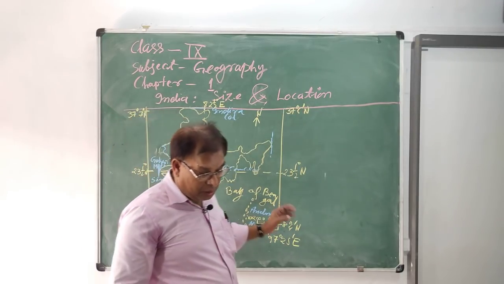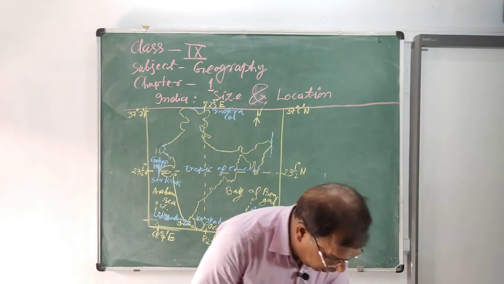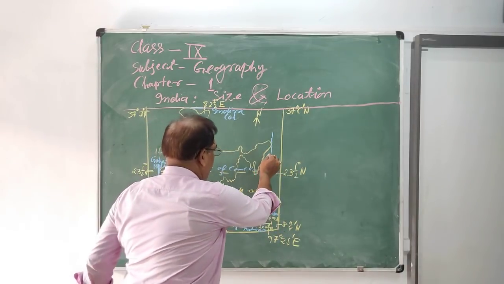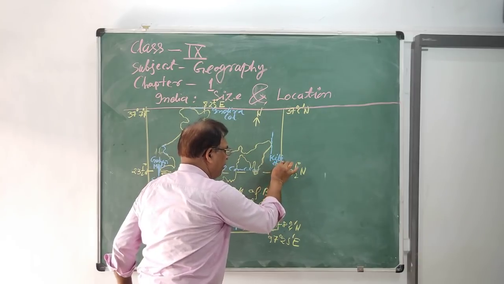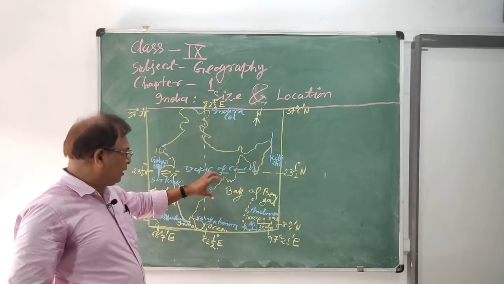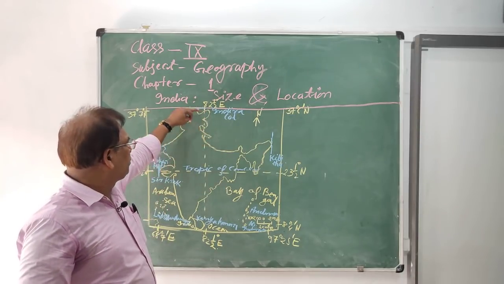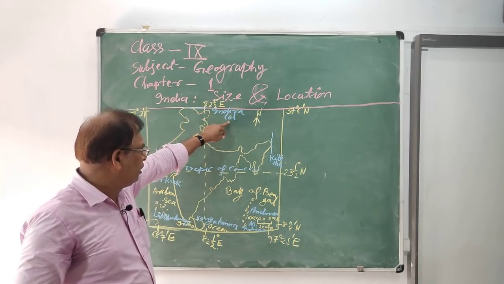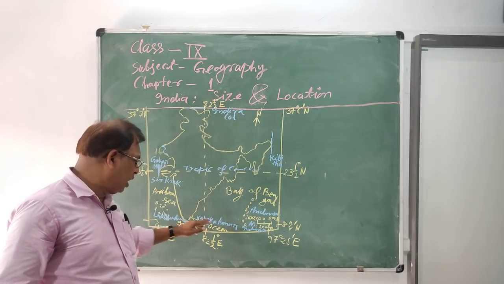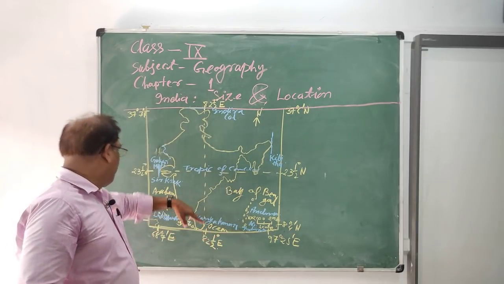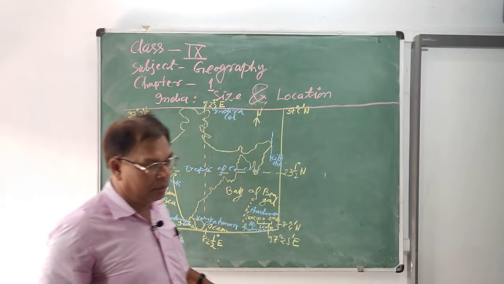But the easternmost point of India is also known as Kibithu. So, locate India by these four boundary points: northernmost point, Indira Col; easternmost point, Kibithu; southernmost point, Kanyakumari and Indira Point; and the westernmost point of India lies in Guhar Moti or Sir Creek.